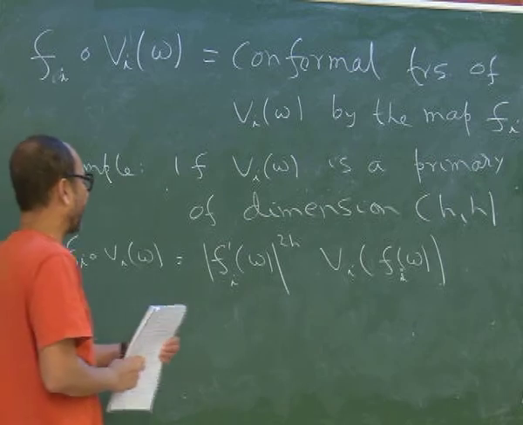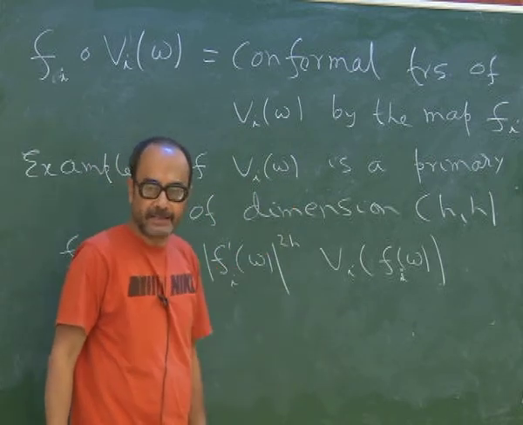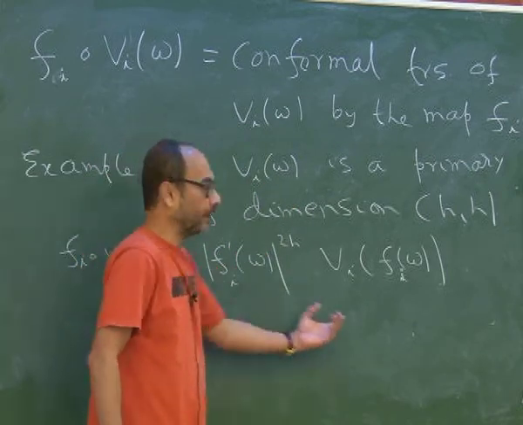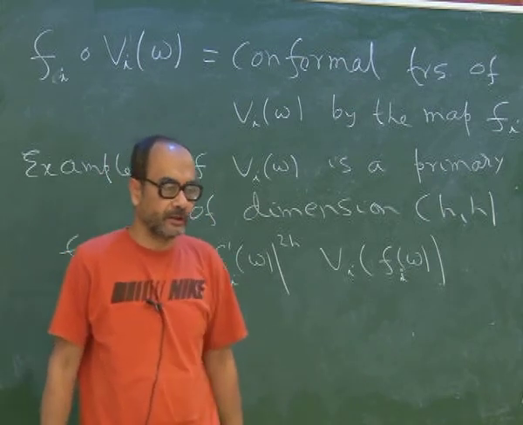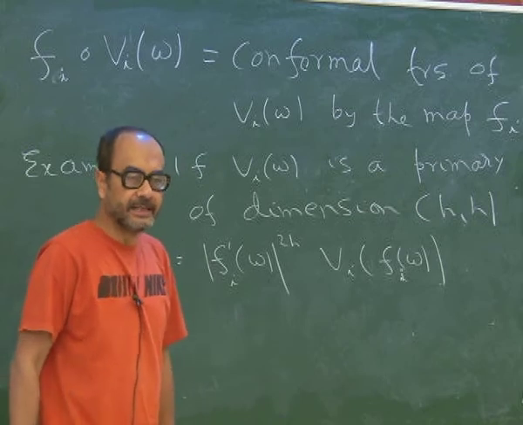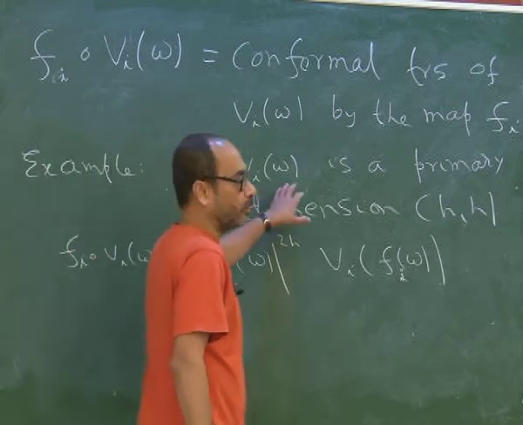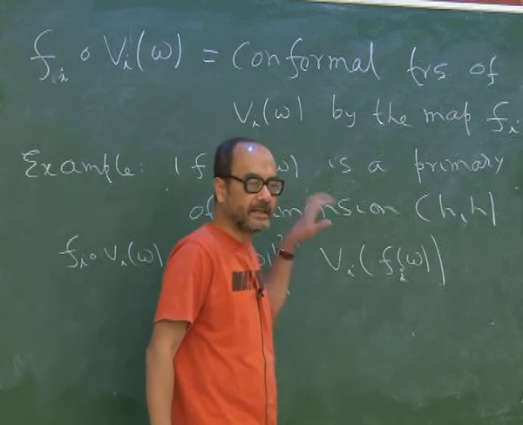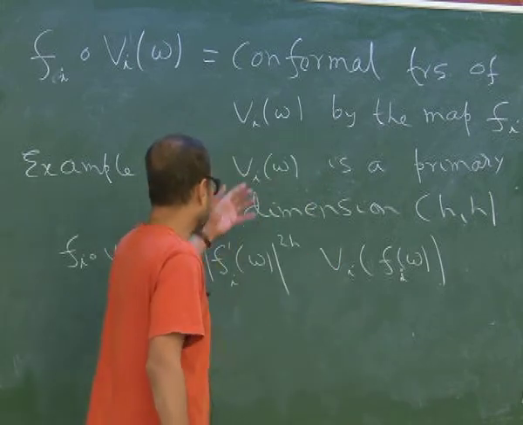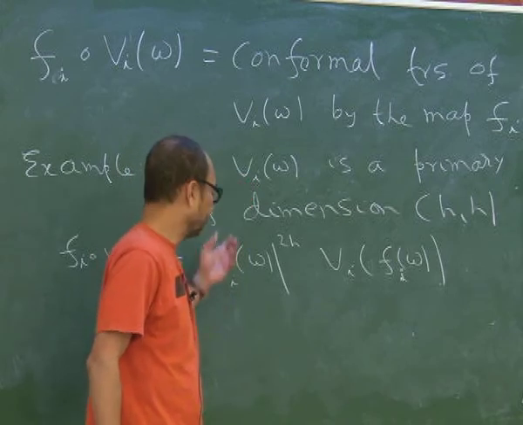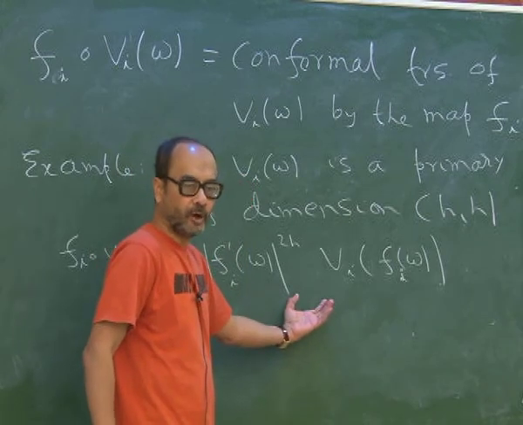If Vi had been not a primary, but a conformal secondary, there will be more complicated transformation. But it can be worked out. It's just simple conformal field theory. Two-dimensional conformal field theory tells us that given any vertex operator of certain conformal weight and certain conformal properties, it can be a general secondary, how to apply a conformal transformation on this vertex operator to generate the transformed object.